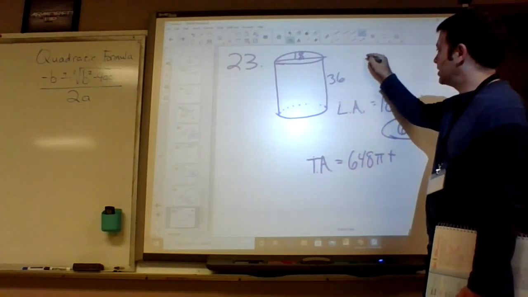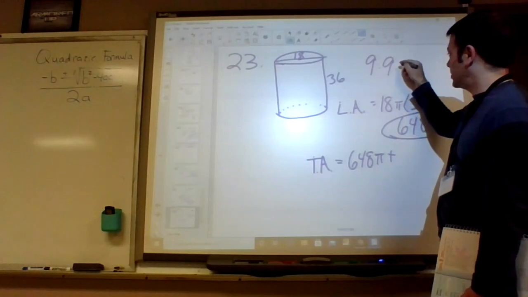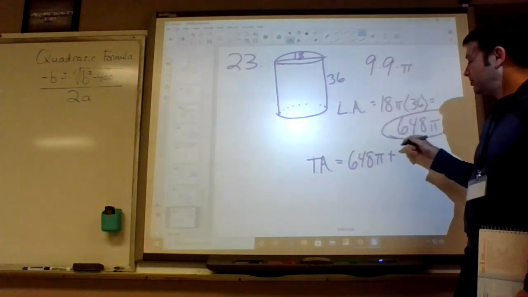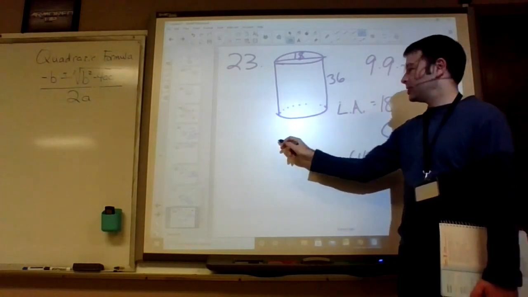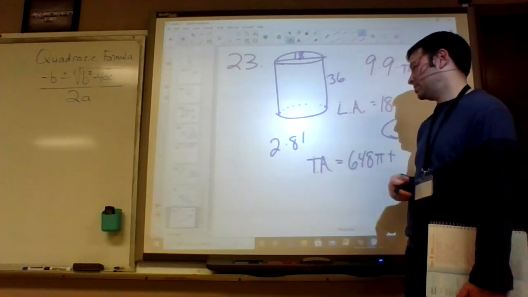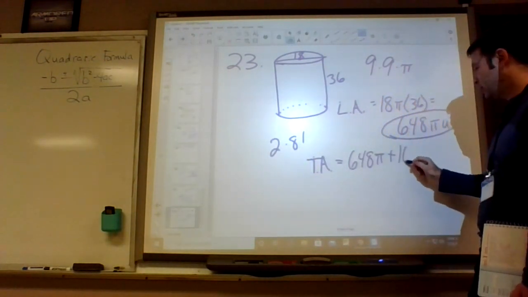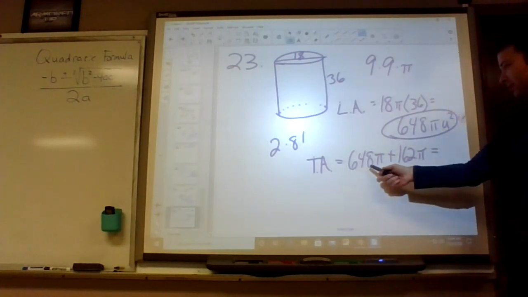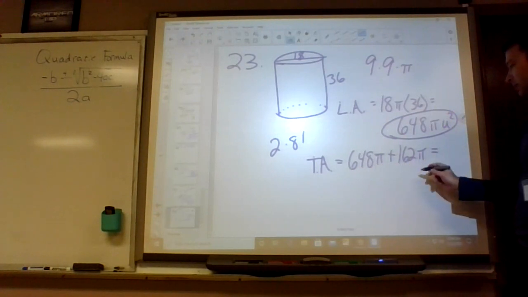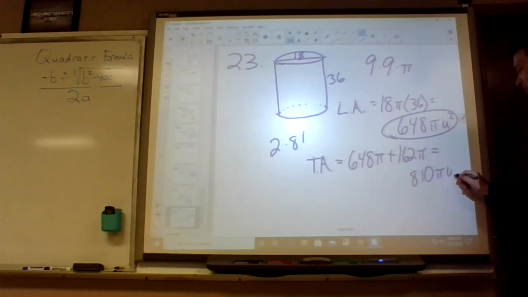So it's 9 times 9 times pi. So 81 pi. But also there's 2 of them, right? So what's 2 times 81? That was 162 pi. If I add those together, that would be 810 pi units squared.